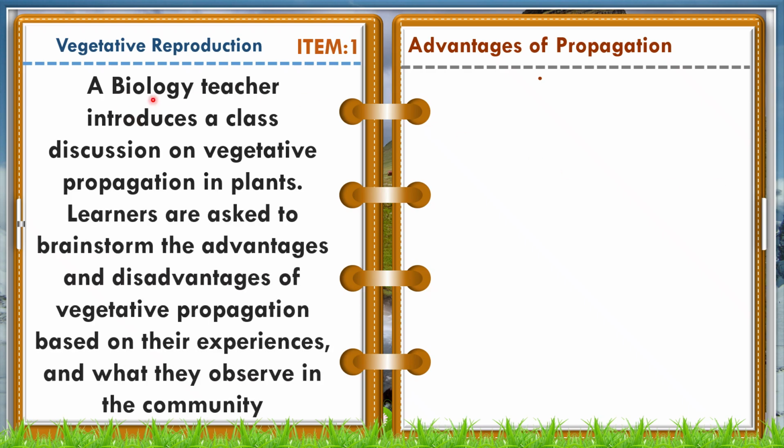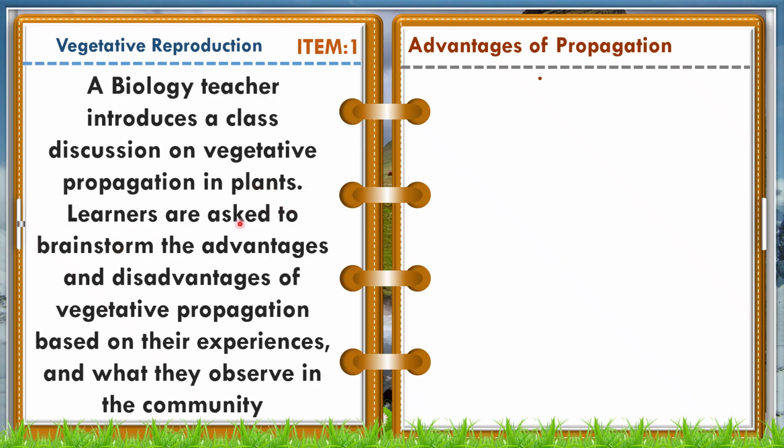We are on vegetative reproduction, item 1. We are looking at advantages of propagation. A biology teacher introduces a class discussion on vegetative propagation in plants.